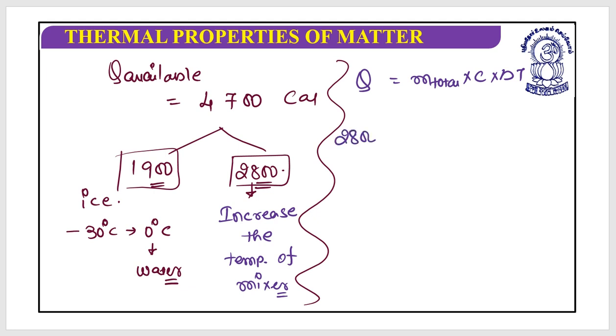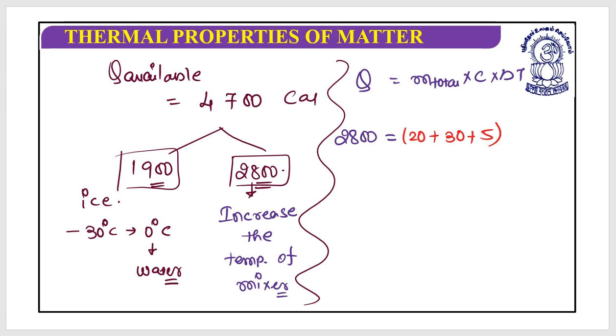It's 2800 calorie. M total, what is it? It is 20 gram of ice plus 30 gram of water plus 5 gram of steam. This is all at 0 degree Celsius water. I hope this is clear.